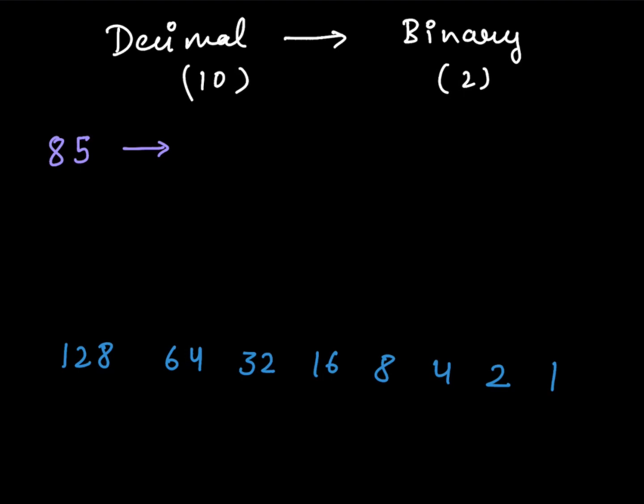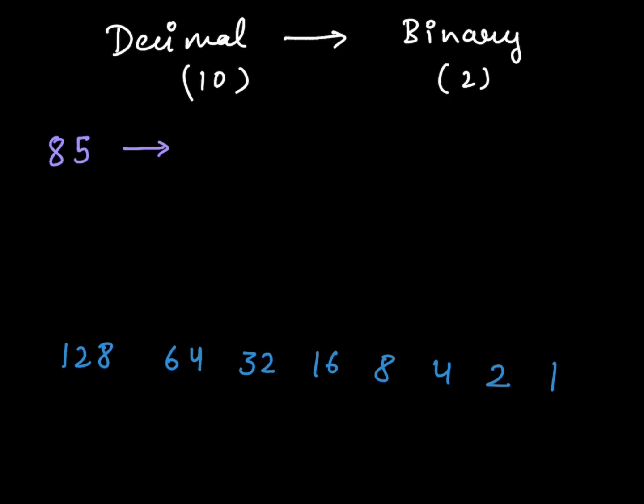So these are the powers of 2. And why did we stop at 128? Because 85 is less than 128 and more than 64. The method we are going to use here is the subtraction method. There is also another method, the successive division method, which we are going to look at later in this video.